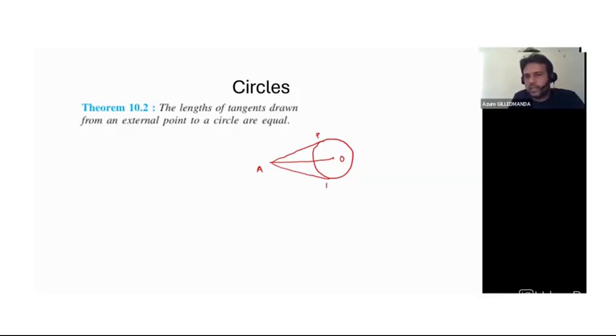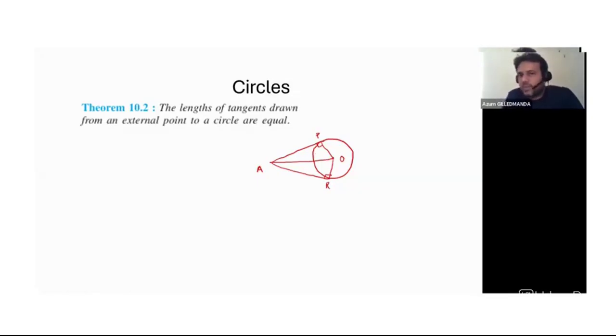Let's say that is touching at R. Now we know that the lines joining OP and OR will make 90 degrees with the tangent. That's the first theorem, right?